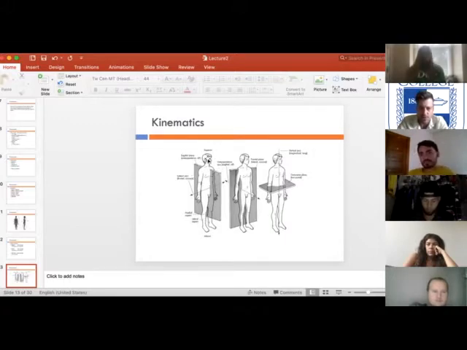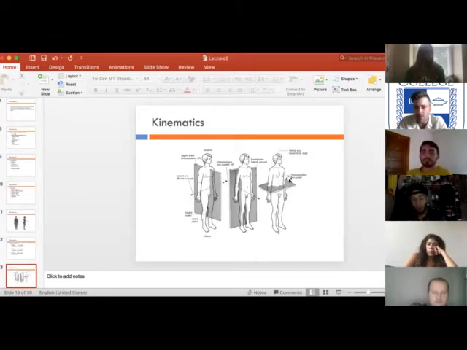So the sagittal plane separates the body into left and right, and the frontal plane separates the body into forward and backward. Motions that occur in the sagittal plane are flexion and extension motions, and motions that occur in the frontal plane are going to be abduction and adduction terms.